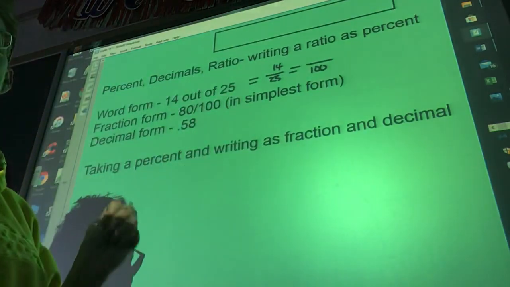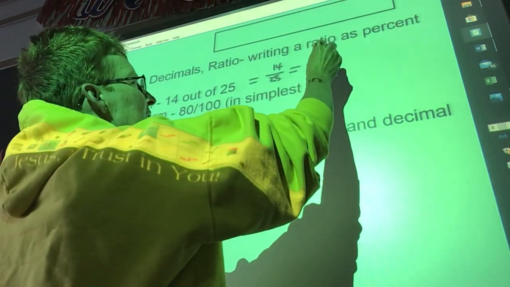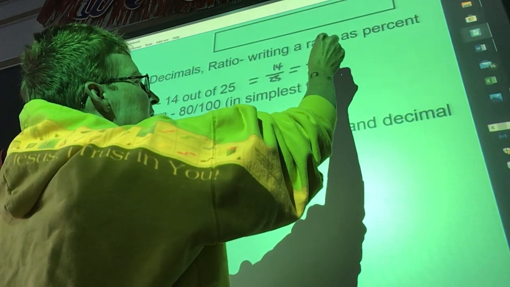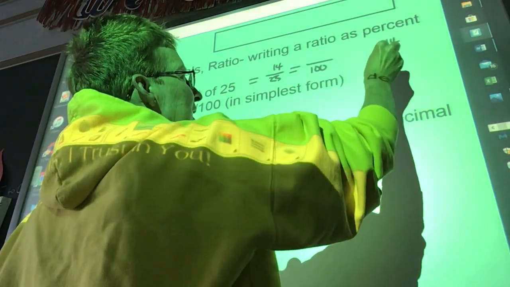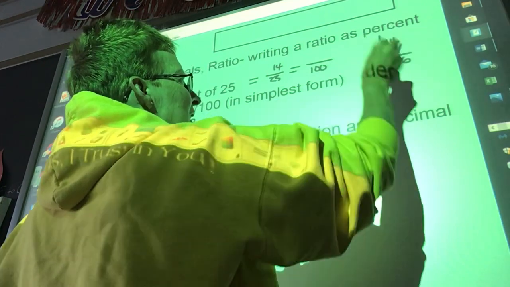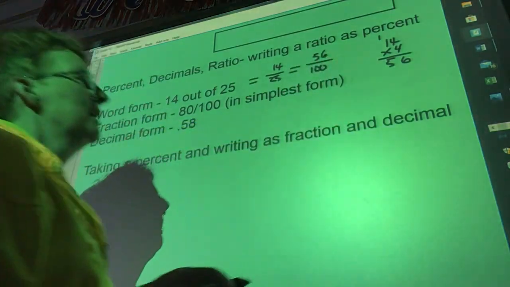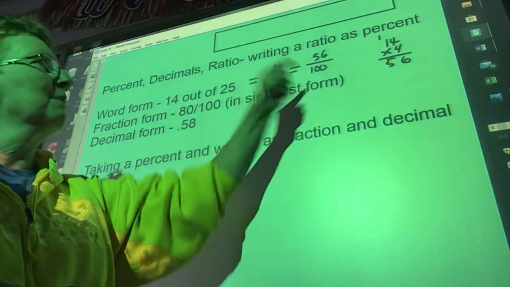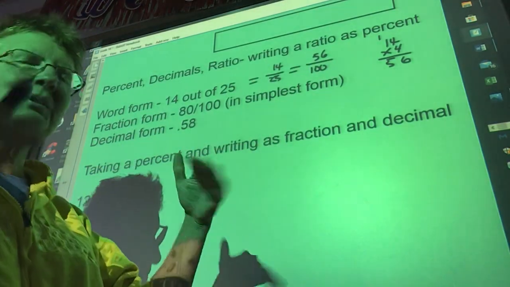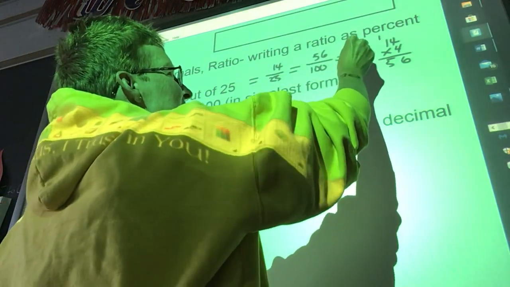So all I have to do is take 14 and multiply it by 4, and I'm going to get, I don't know, so I'm going to have to actually do it, which you all might have to do as well. I get 56. So now I have it in fraction form, and I have to change it to the percent, which is really easy because it's just the top number, 56%.